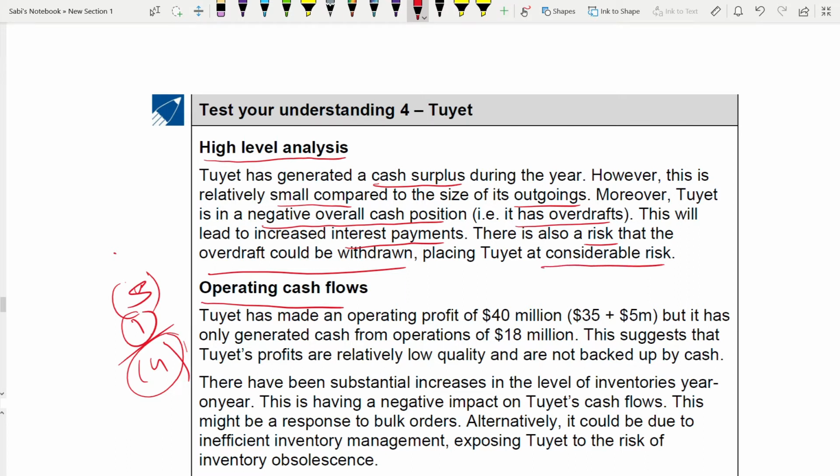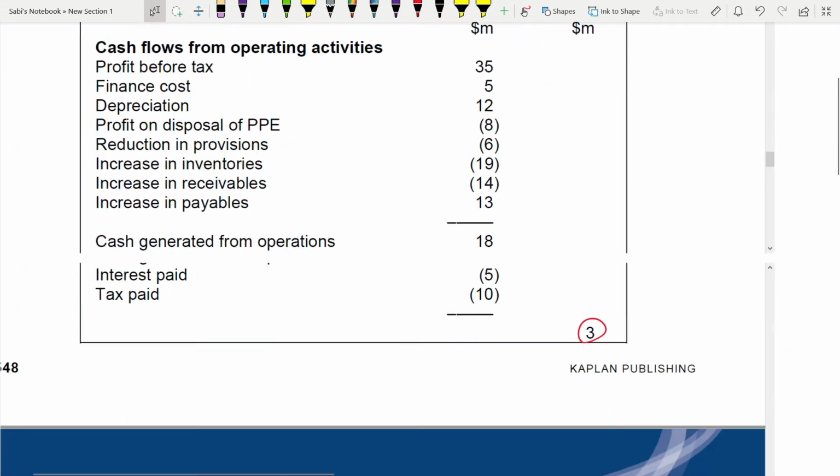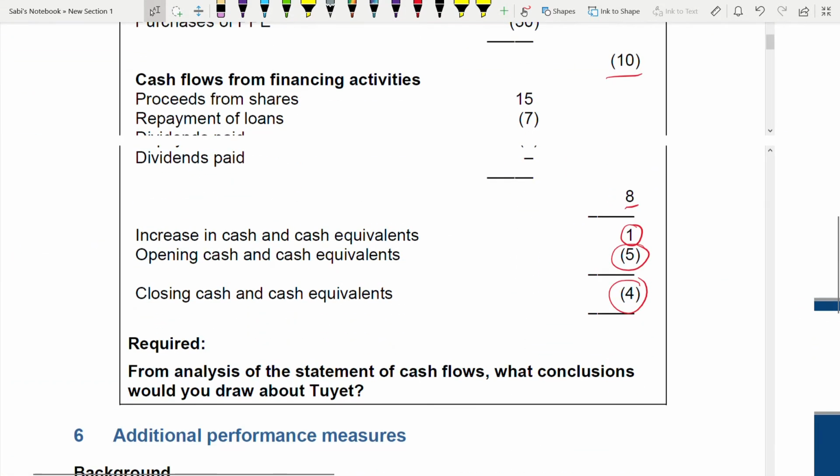Here, if you have seen, they are not talking about individual items. What's happening under operating, investing, financing. Generally, they are giving you that. That generally means you are analyzing these four areas and saying it has a surplus. Okay, this is surplus. Then this is an overdraft.